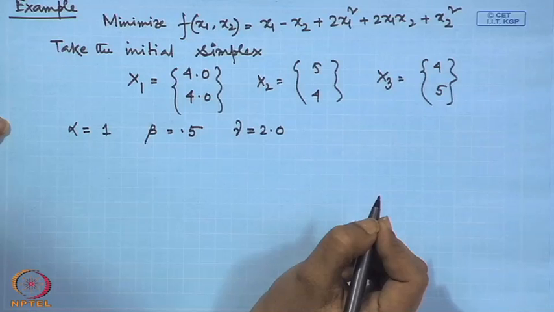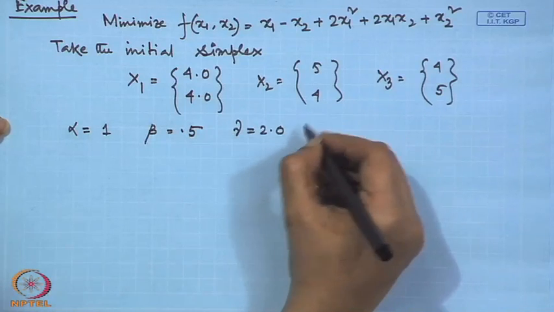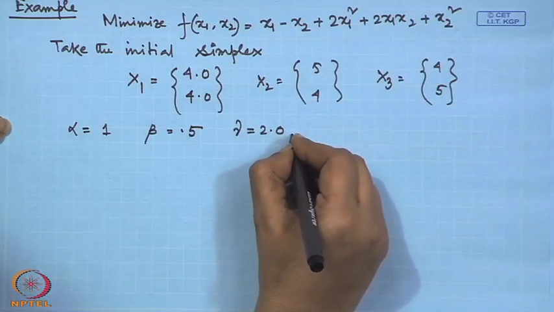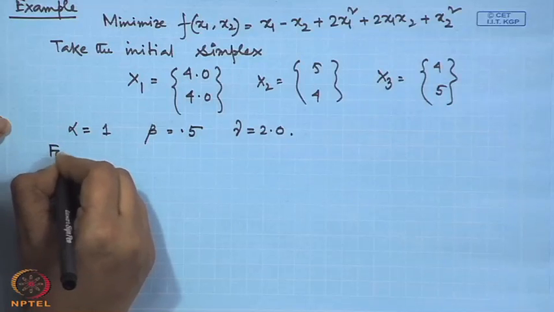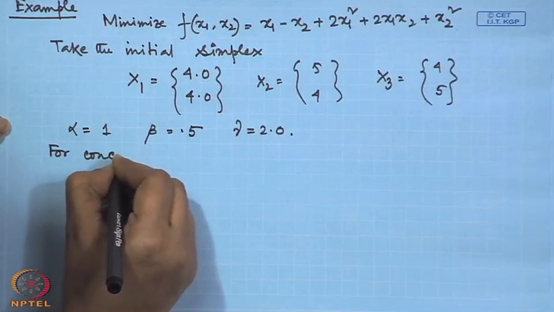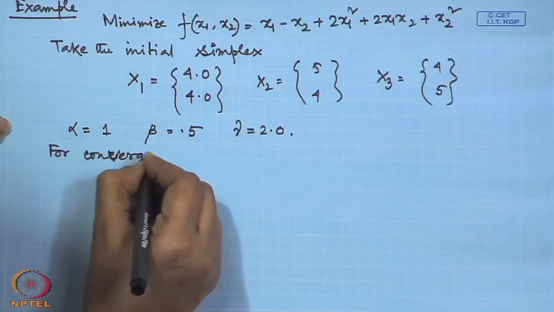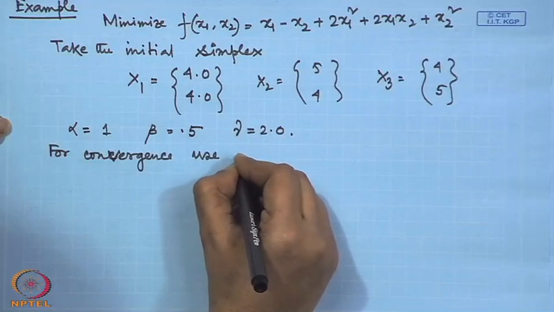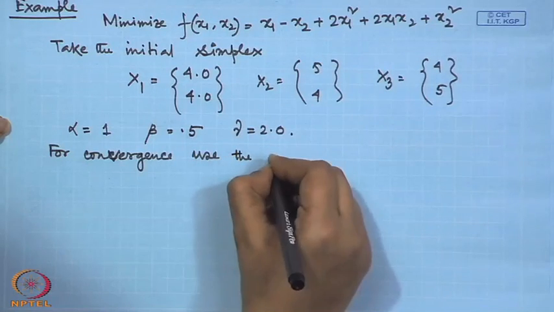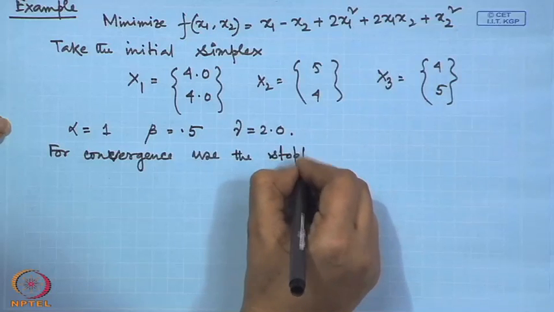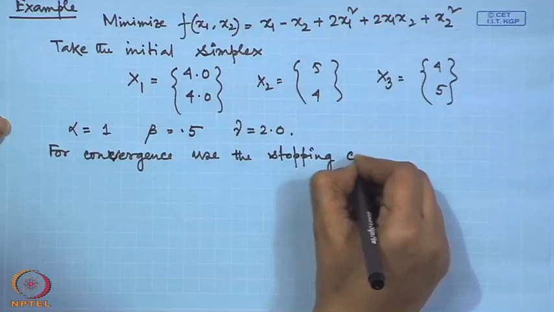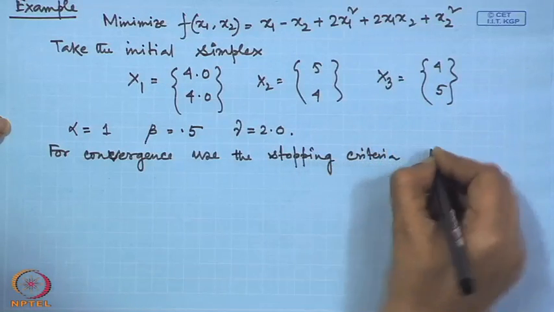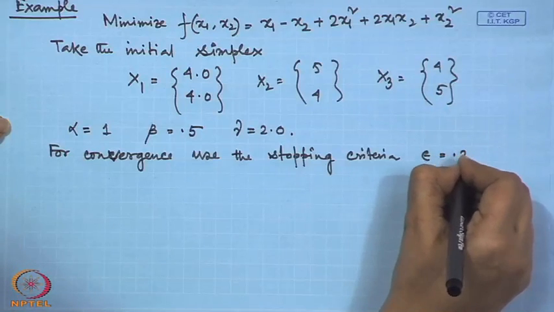It has also been mentioned that for convergence, use the stopping criteria epsilon equal to 0.2.